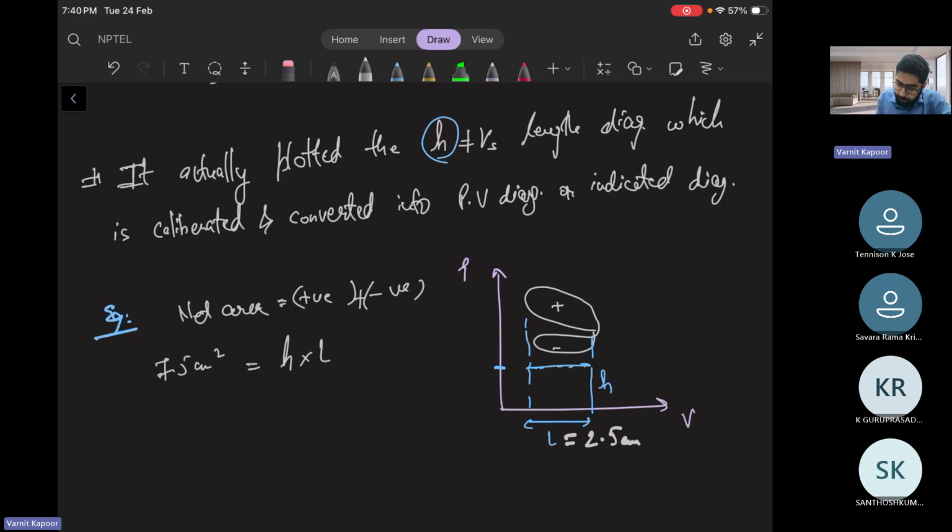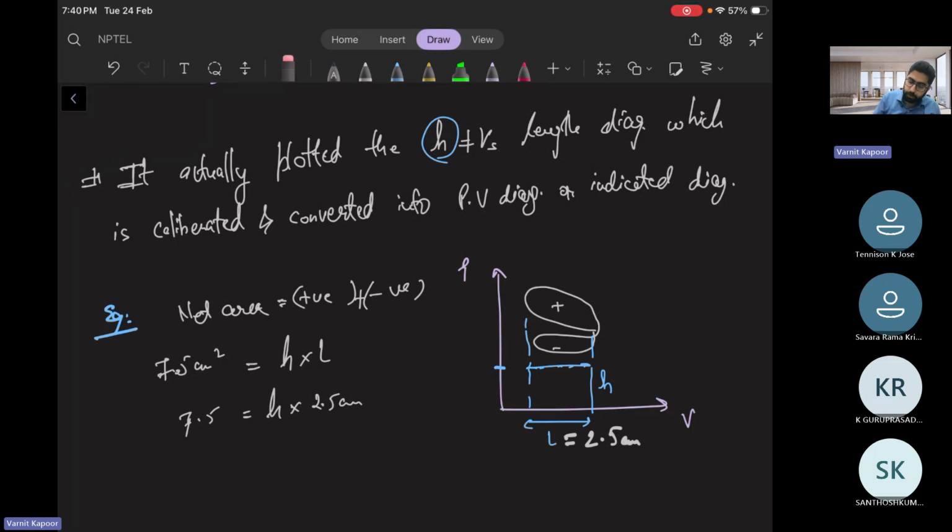So h into L, h we have to calculate from here. Okay, all right.